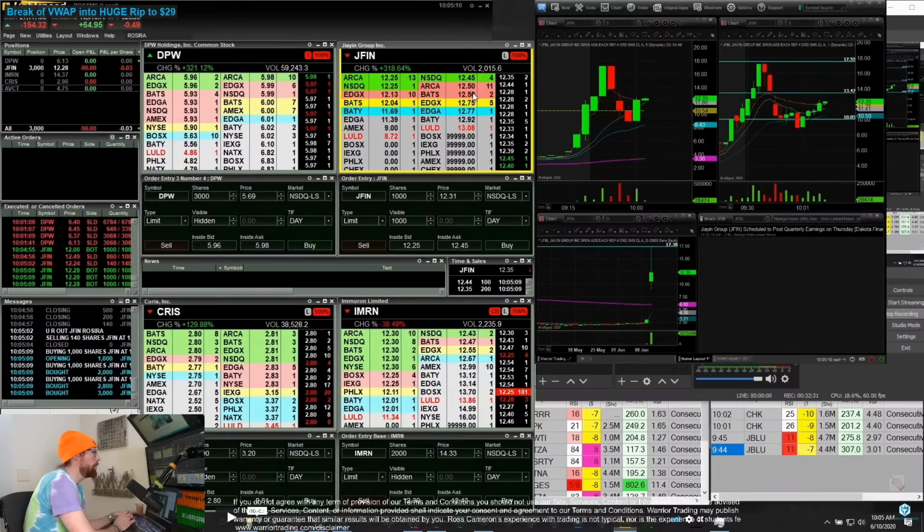It is up 313%. The float, I'm not sure what it is on this particular day. I'm not seeing it on my screen, but I think it's a pretty low float. Did have some news, it looks like. The stock sold off and went below the volume weighted average price, and now it's curling back up.